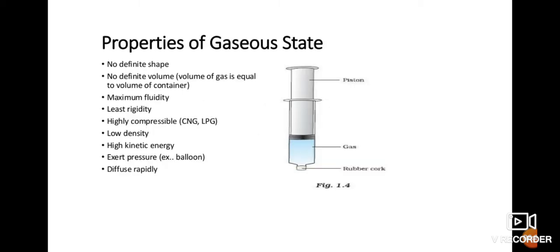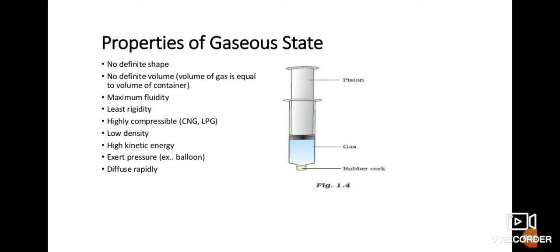Now, let us come down to the gaseous state. As we know, gases neither have a definite shape nor a definite volume, but their fluidity will be maximum because the intermolecular space within gases is the highest and the intermolecular force of attraction is the lowest.